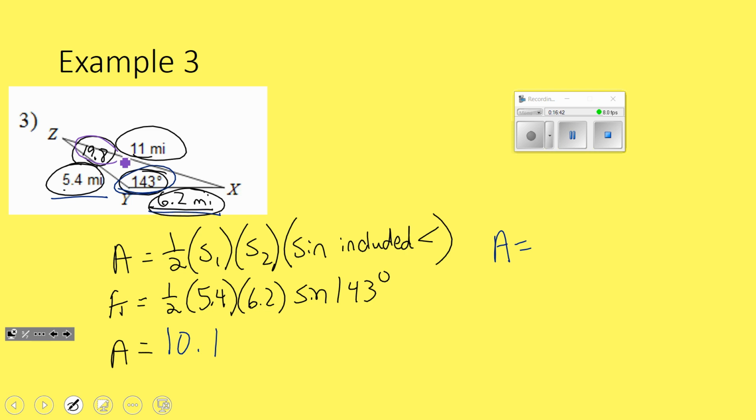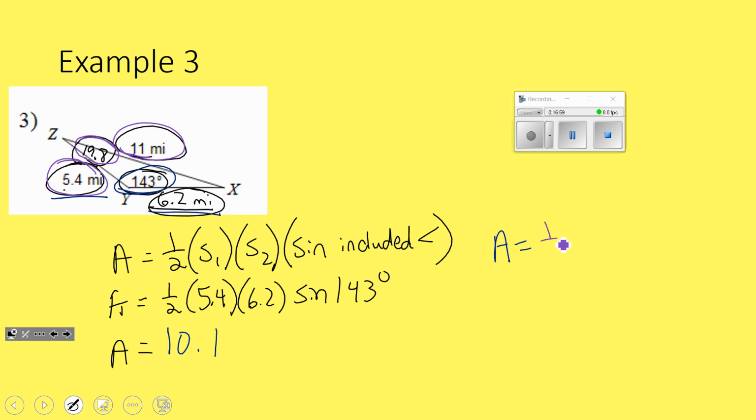They found this angle. How'd y'all find that angle, by the way? Did you use your law of sines? Okay, so they continued on with law of sines, and they found this angle, and then they used these two sides with this included angle.